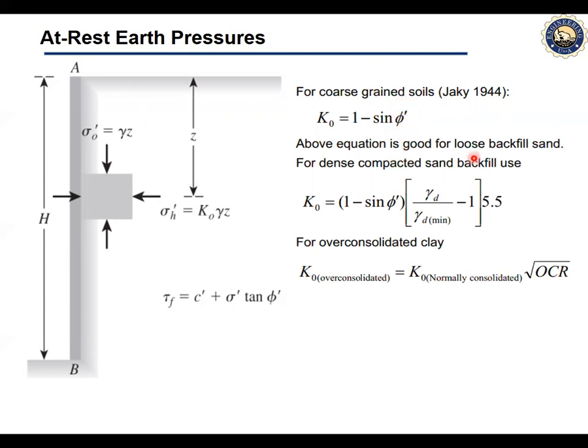The above equation is good for loose backfill sand. However, for dense compacted sand backfill, it is recommended to use 1 minus sine phi times (gamma d over gamma d min minus 1) to the power 5.5. However, for overconsolidated clay, K naught overconsolidated equals K naught normally consolidated times the overconsolidation ratio.